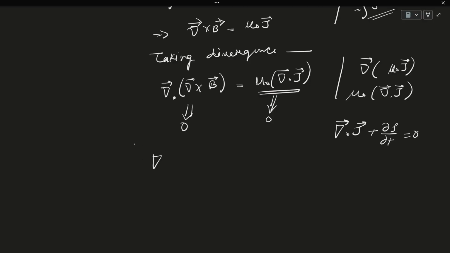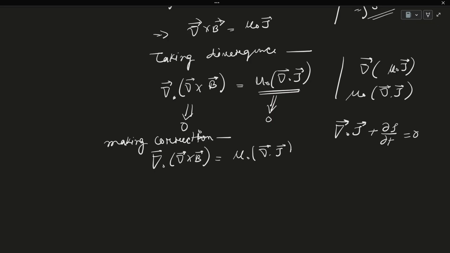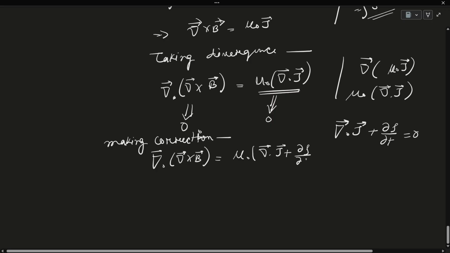So what can we write? Making the correction, we get del dot del cross B equals mu naught del dot J plus del rho del t.